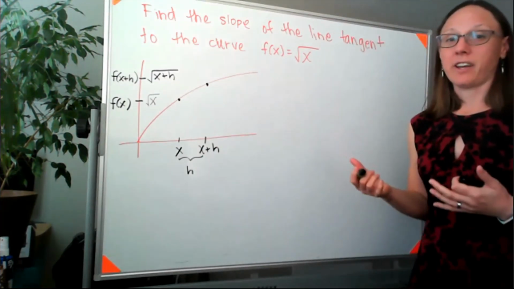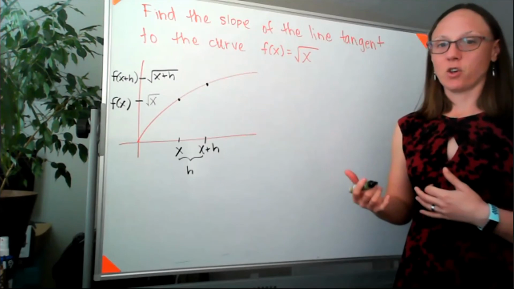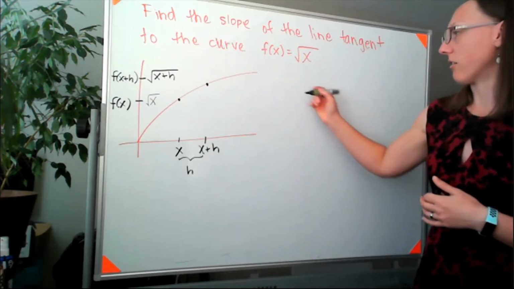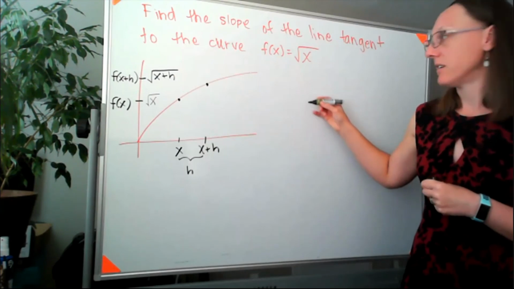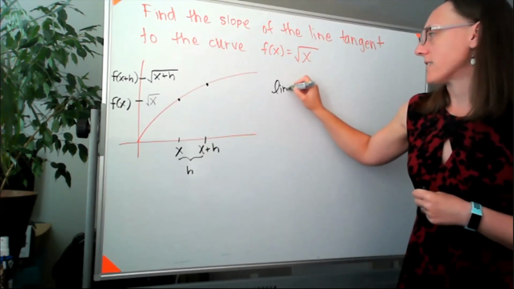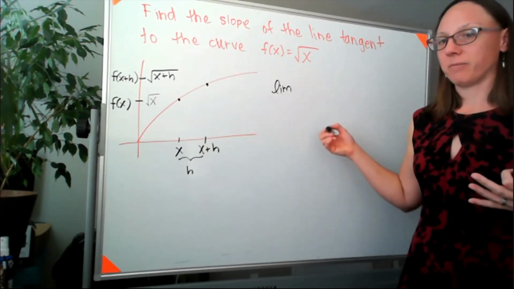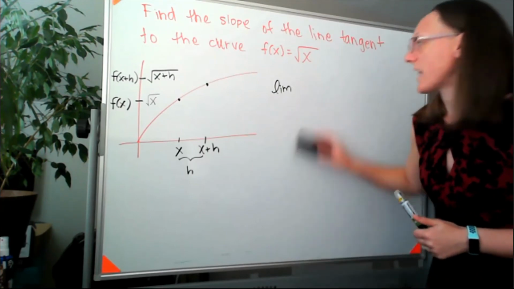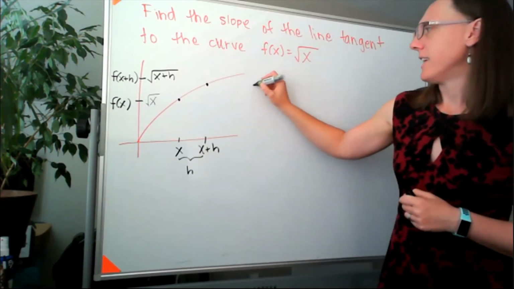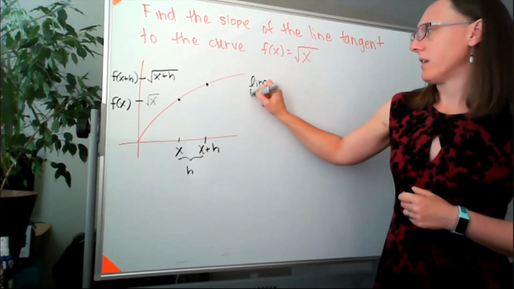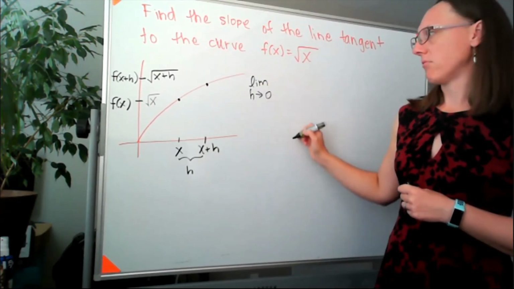So if I want to find a rule for the slope of the line tangent to the curve without picking a particular value of x, then we can follow the same idea that we've been doing. We're just going to leave all of those x's in it. And I realized I might need a little bit more space here. So I'd be looking for the limit as h approaches 0.